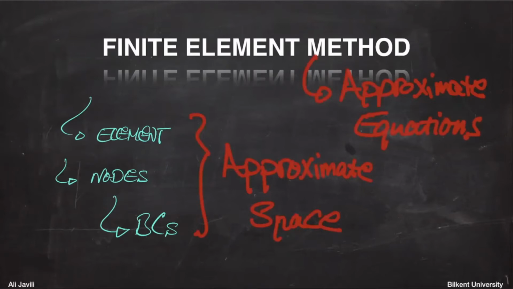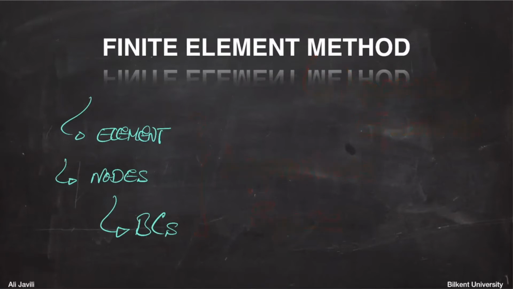Okay, so you shouldn't think that the finite element method is simply something where, for instance, let's say this is the solution, and now you take this as the solution. This is not the finite element method exactly.